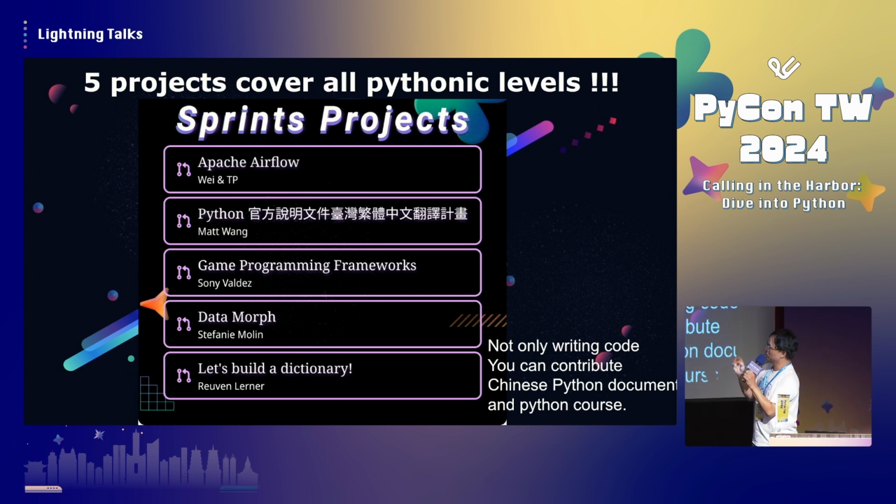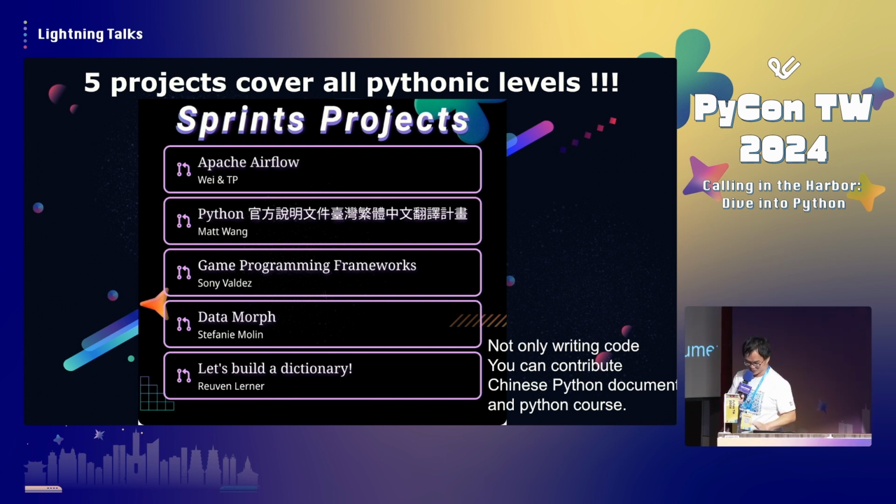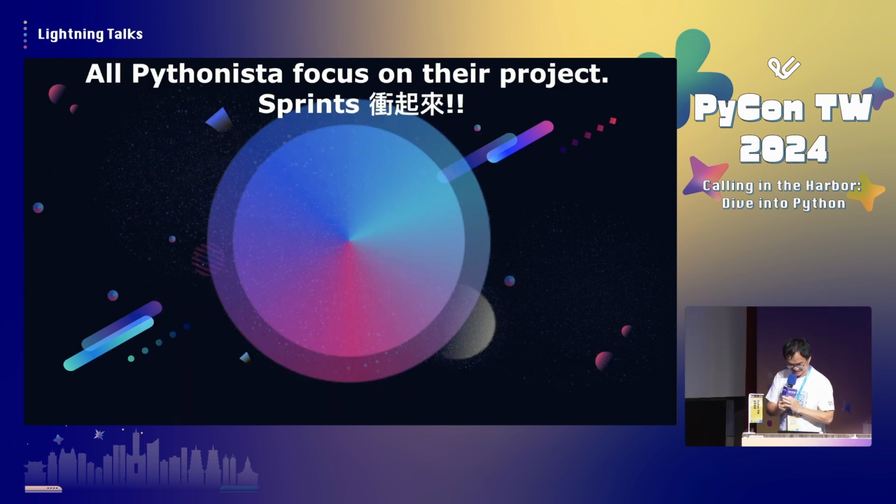She will bring some statistics and data visualization programs. The final one is Raven Laner. He brings a project to build a dictionary, so we can contribute to his lesson. If you don't know how to code, you can join, please.